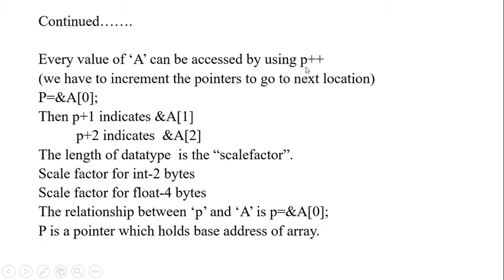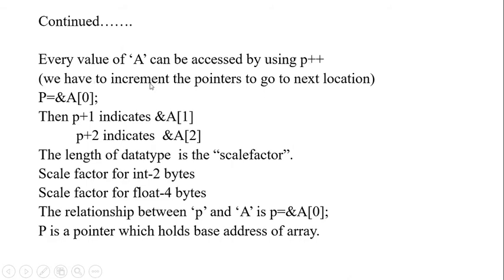That means p contains the base address of the array, the address of the starting element. So we can access every subsequent element of the array by using p++. By incrementing the pointer, we can access all the elements of the array.